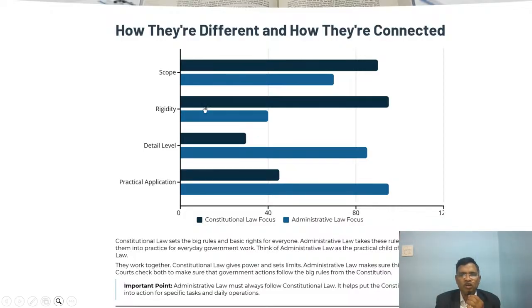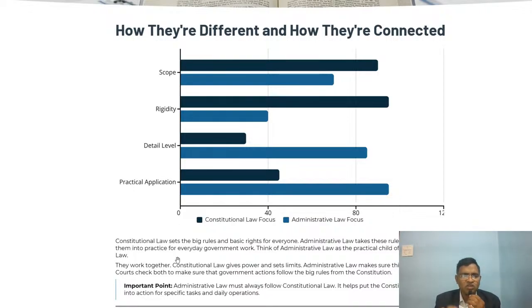Rigidity is more in constitutional law, whereas rigidity is very little in administrative law. Details are very few in constitutional law, whereas administrative law focuses on them more. And for practical application, constitutional law is focused much less compared with administrative law.